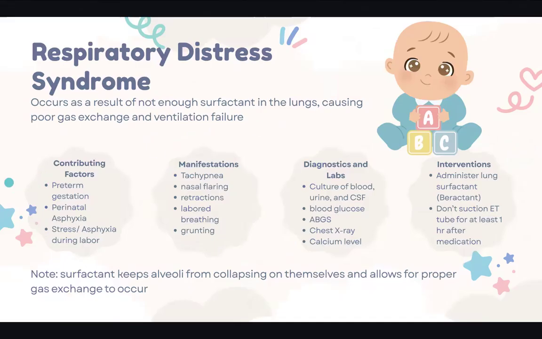Okay, respiratory distress syndrome. So, what is RDS? RDS normally happens when the baby doesn't have something called surfactant. That's going to lead to poor gas exchange and ventilation failure. There are a lot of contributing factors to it, with some of them being preterm labor. If you remember when we talked about giving moms dexamethasone or betamethasone for preterm labor, it's to help with that surfactant to prevent this.